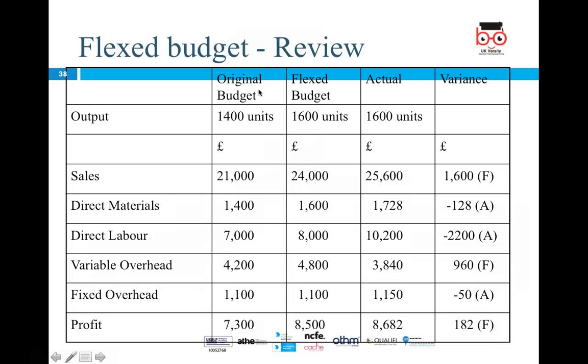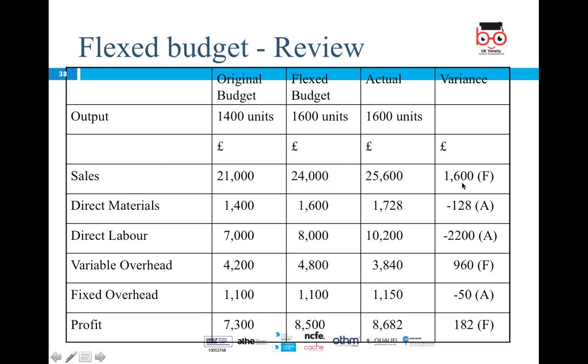If you see this review of the budget or flexible budget, this is our original unit and original budget, and we have our output in terms of units, and then we have sales, direct materials, direct labor, different kinds of overhead, the variable cost, fixed cost, and the profit. Now we have a flexible budget and we have an actual budget.